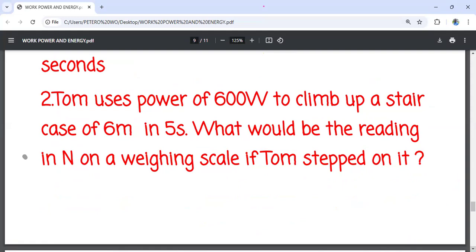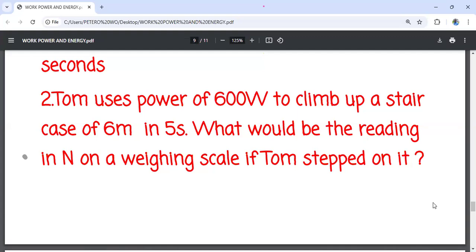So they want us to get the weight of Tom, but they have asked us in this way. What would be the reading in newtons on a weighing scale if Tom stepped on it? So they want us to get the weight of this person. And we said weight is the same as force because weight is a force.